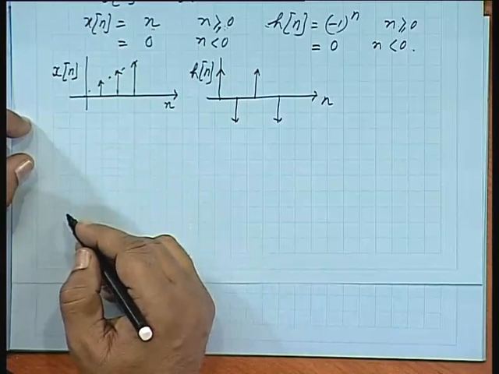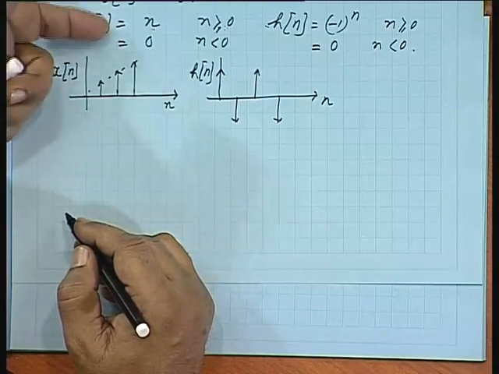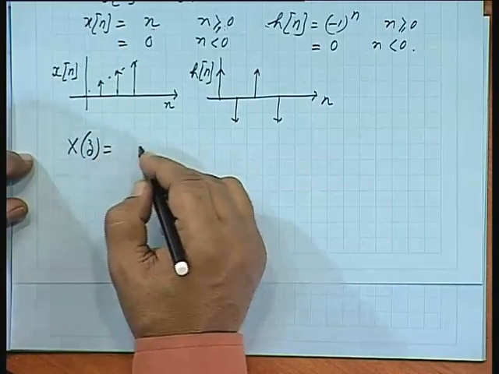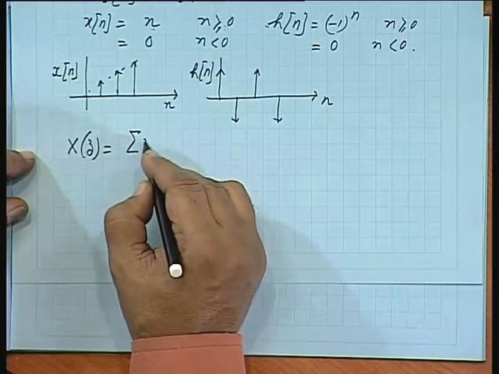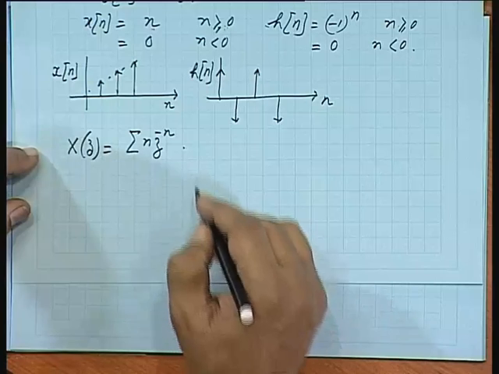Now, using Z transform, you are asked to find out the response using Z transform. So X(z) is the sum of n z to the power minus n, all right.